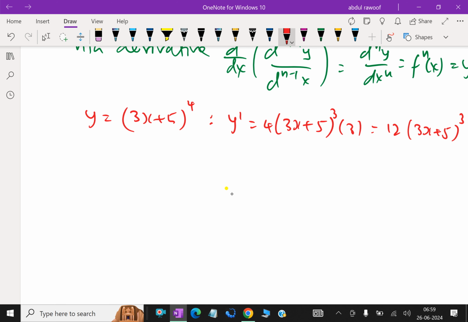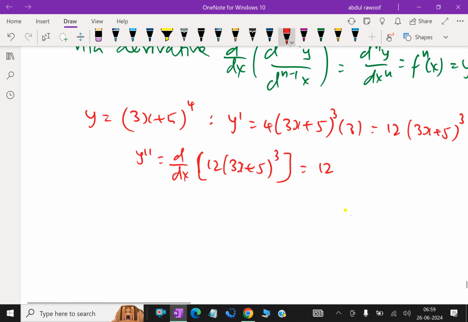Then y double dash means we have to differentiate this, that is d by dx of 12 (3x plus 5) power 3, which is equal to 12 comes out of the differentiation, and the differentiation of this one is 3 into (3x plus 5) square into the differentiation of 3x, which is 3.